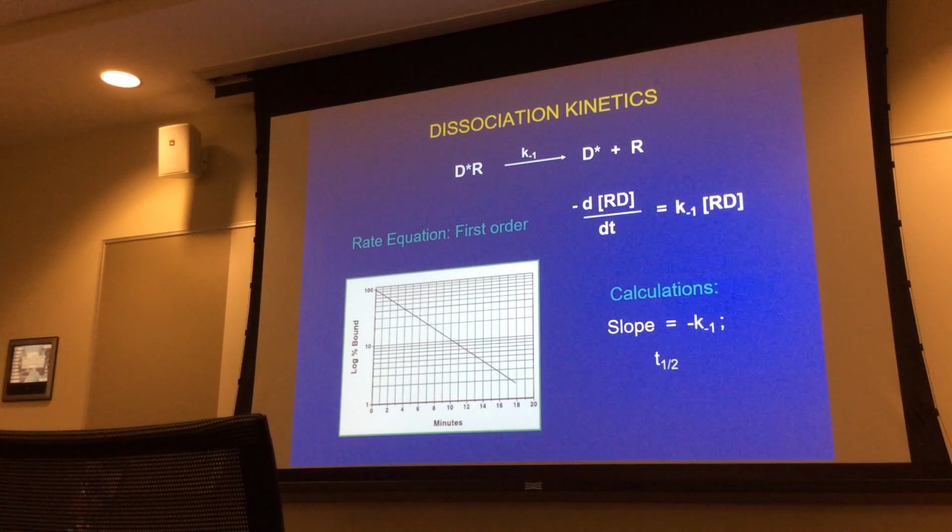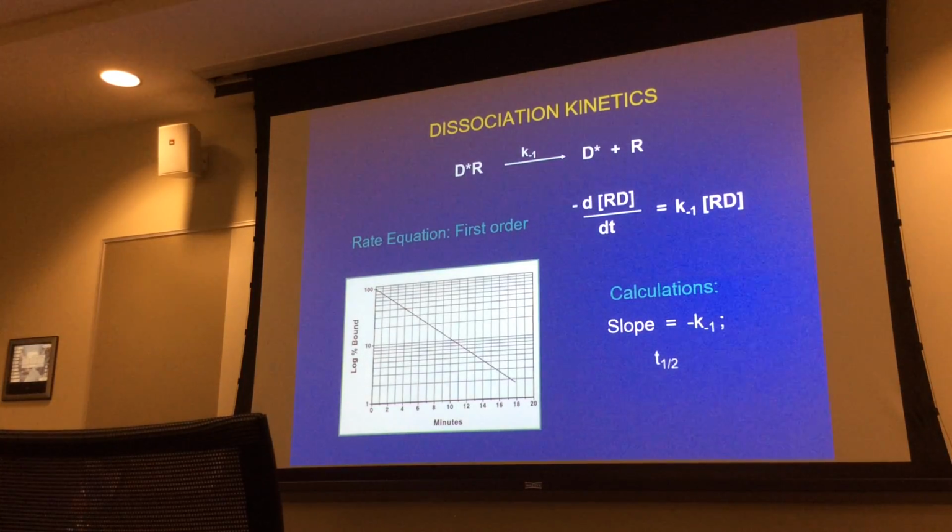The unlabeled drug competes with the labeled drug, but you have such a vast excess of it that once the labeled drug goes off, there's a much bigger probability that what's going to come back on again in this reversible reaction is unlabeled drug. So after the point that you add the unlabeled drug, you see this decrease in radiolabel binding simply because you've added this excess of drug. This is a fairly easy procedure, and dissociation rates and half-lives are calculated all the time. It's very simple.